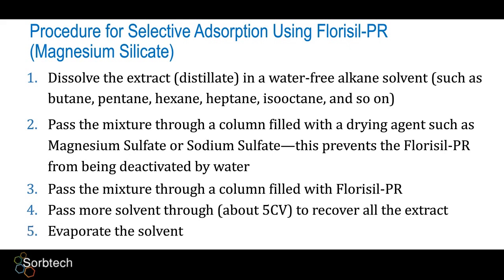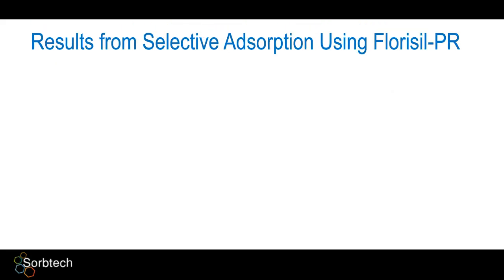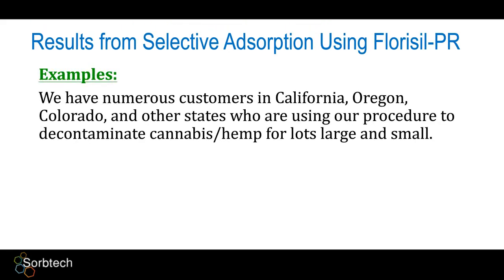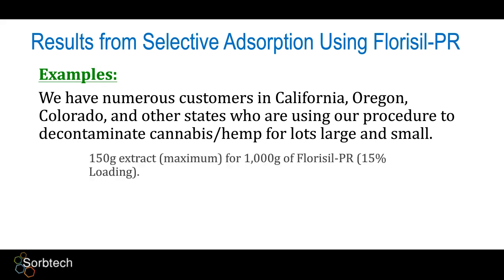That's it. That's all you have to do. So we have numerous customers in California, Oregon, Colorado, and several other states who are using our procedure to decontaminate cannabis and hemp for lots large and small.